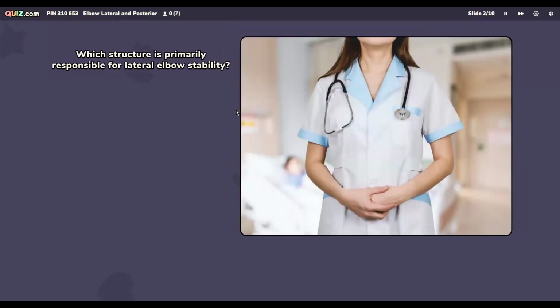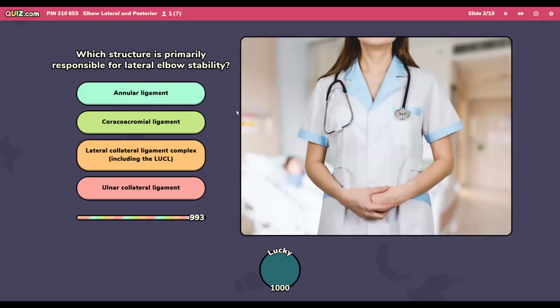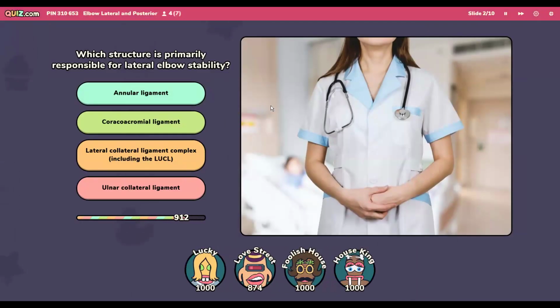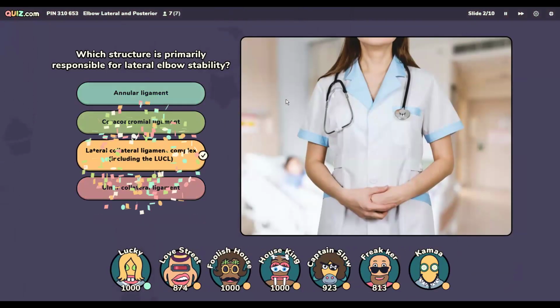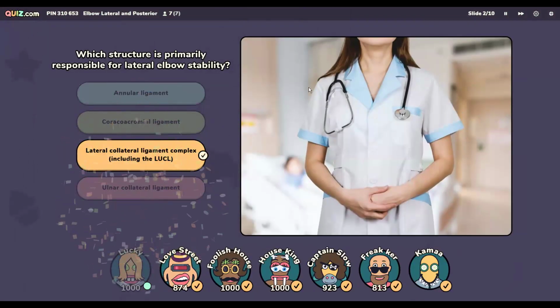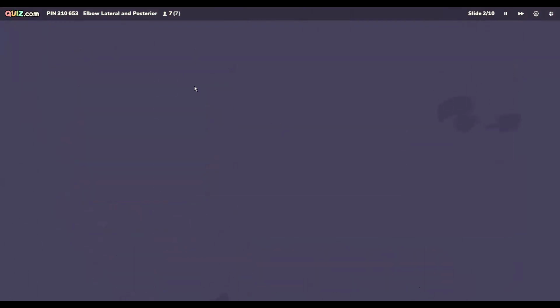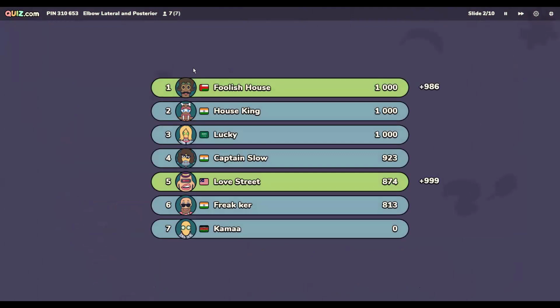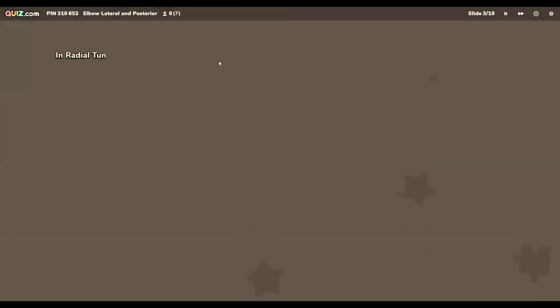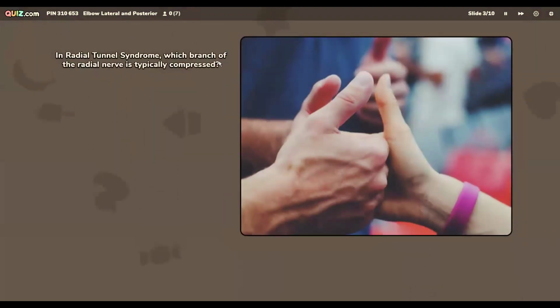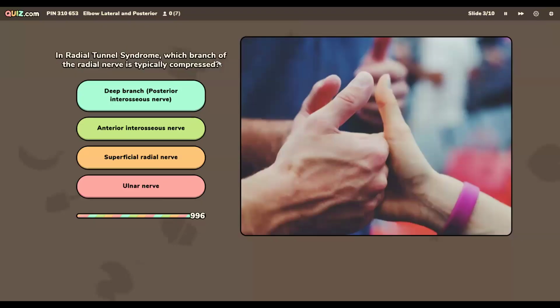Which structure is primarily responsible for lateral elbow stability? Lateral collateral ligament complex. In radial tunnel syndrome, which branch of the radial nerve is typically compressed?